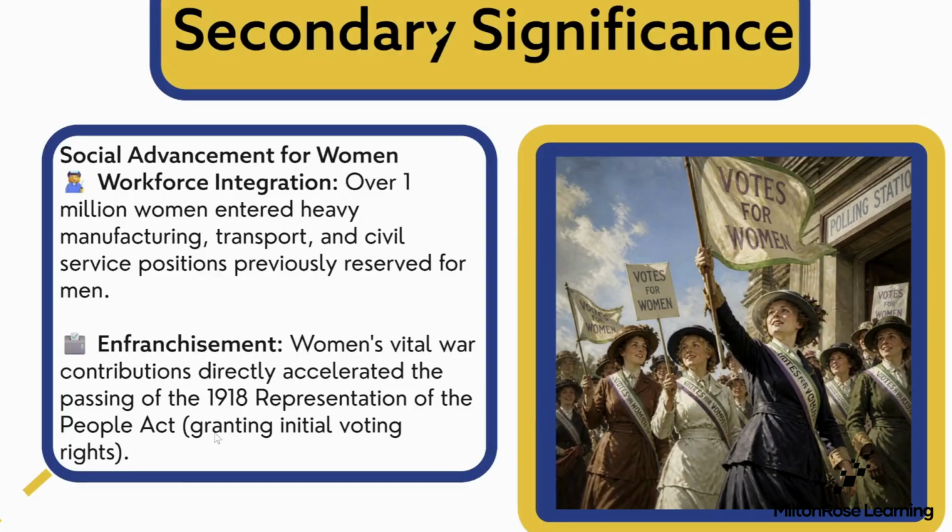And enfranchisement: women's vital war contributions accelerated the passing of the 1918 Representation of the People Act, because obviously you couldn't morally use women for the war effort and then say, but you're still not having the vote. It's just politically untenable, isn't it? So it brought forward enfranchisement for women, which was a really positive step in the democratic countries.